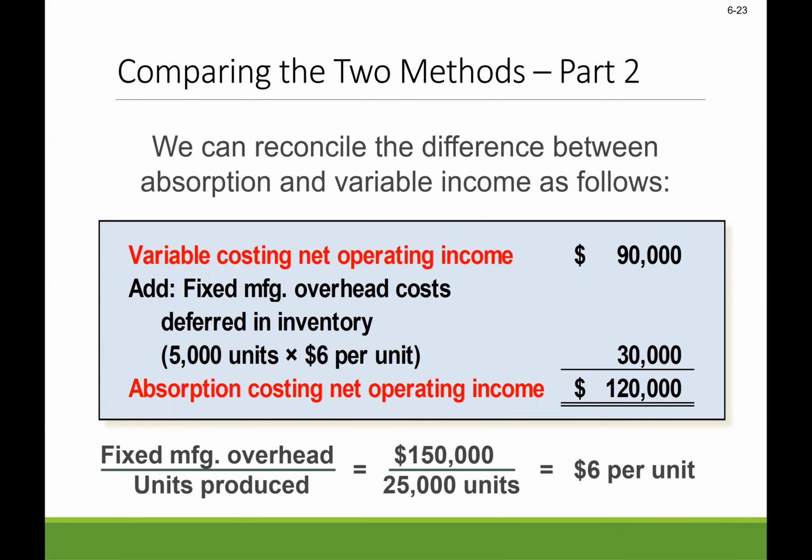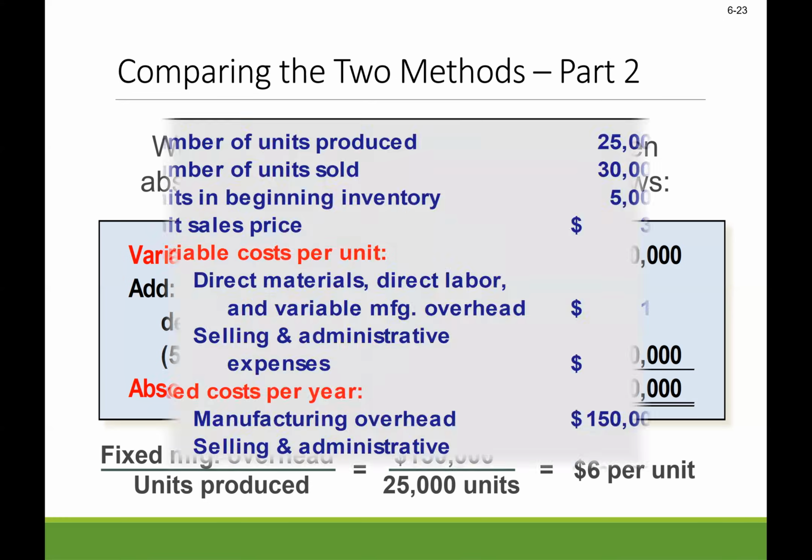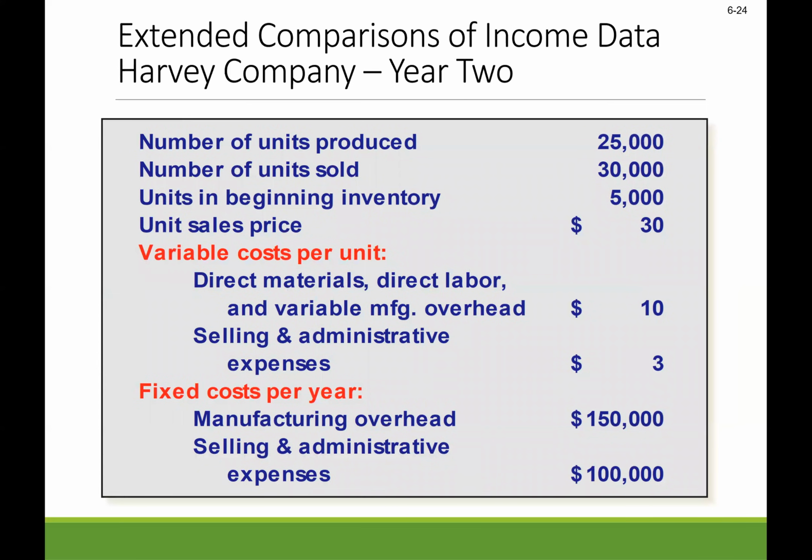So our fixed manufacturing overhead of the 150,000 divided by number of units that were produced ends up being $6 per unit. So we know what was produced, we know what was sold, we know what was sitting in the beginning inventory.